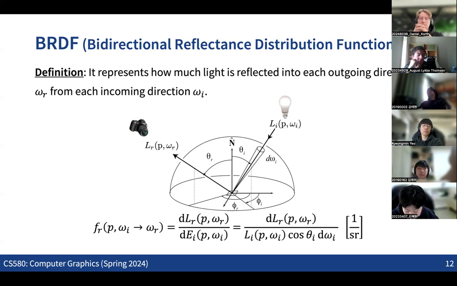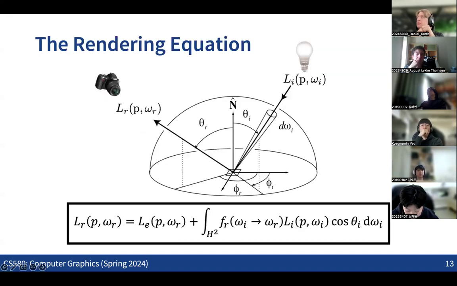What we are doing in the rendering pipeline is calculating the reflection for each point in this way. Given the information of the incoming radiance from all directions, we calculate the differential irradiance, and then take the integral of the ratio, how much of the differential irradiance from each incoming direction will be reflected into each specific outgoing direction, which is represented by the BRDF.